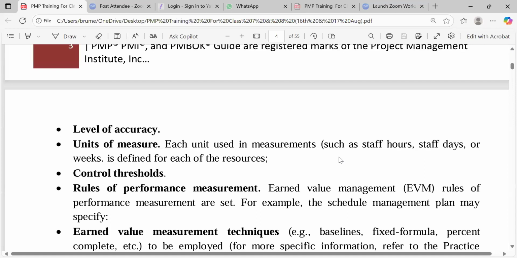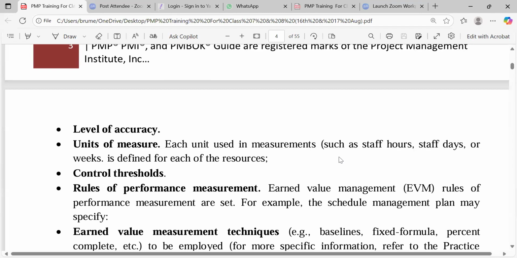A particular workforce could be allowed to make decisions that will require an additional 5 minutes, 1 hour. But anything that will impact the schedule by more than 1 hour, 3 hours, should be escalated to senior management for approval before they go ahead. These are control thresholds.